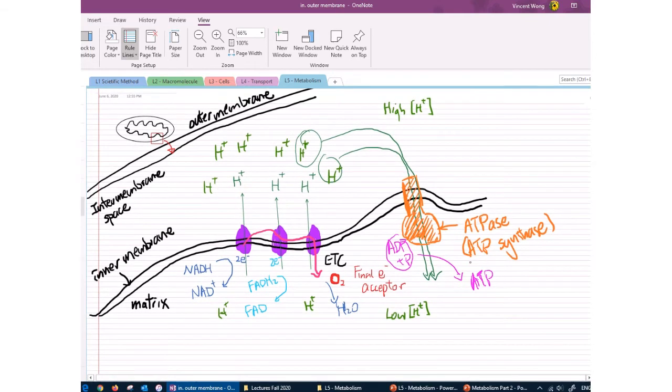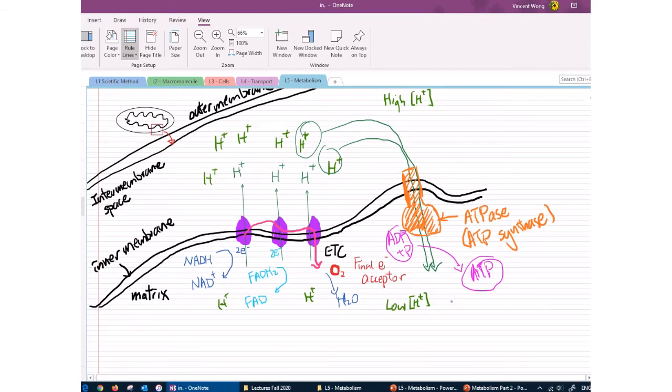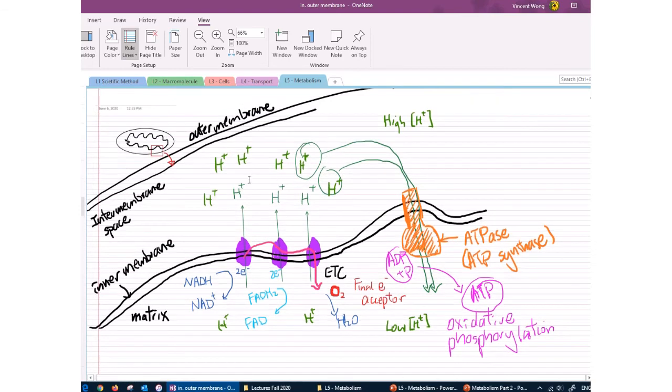Creating ATP through this method is called oxidative phosphorylation, as opposed to substrate level phosphorylation in glycolysis and the Krebs cycle. So this phosphorylation, the addition of P onto ADP, uses oxidative reactions to power itself. So that's basically all the events that take place in the electron transport chain.